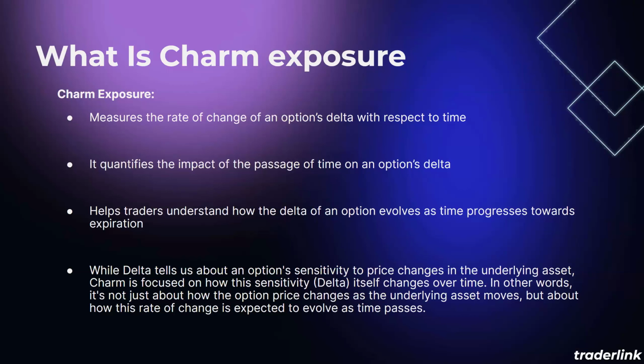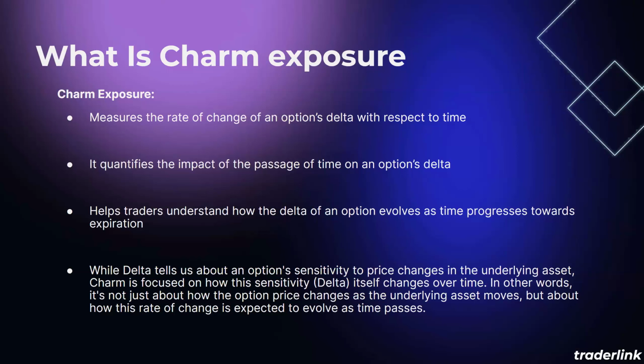Charm measures the rate at which an option's delta changes over time, also expressed per day. So theta is about price decay, while charm is more about the directional exposure of delta and how that changes as time passes on. Very big difference, even though the words don't exactly seem so, I guess.